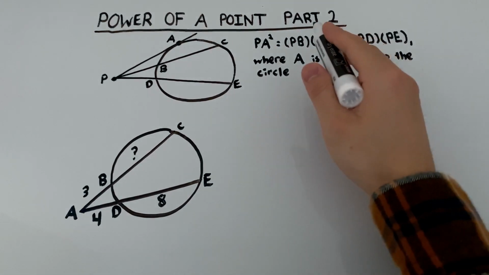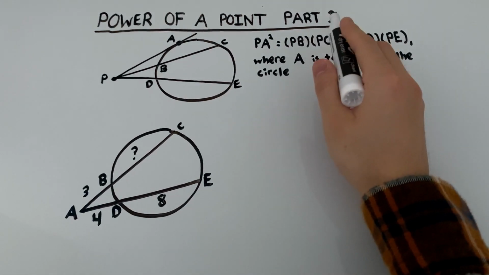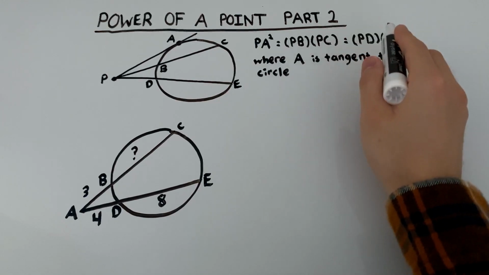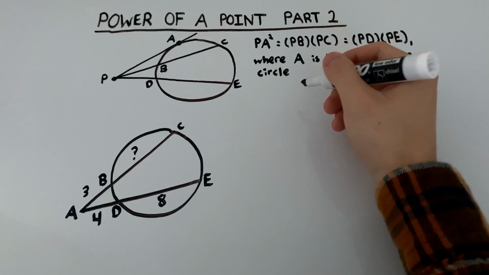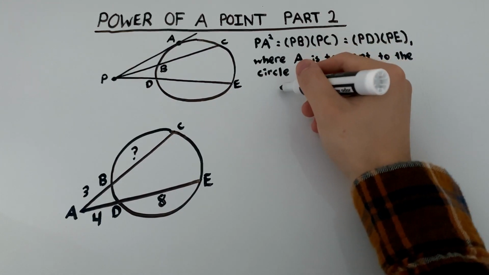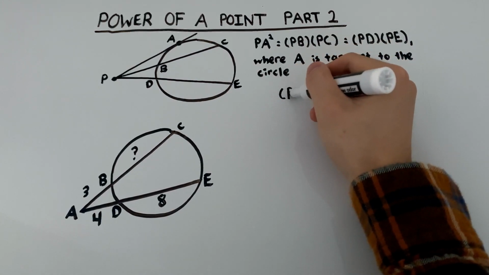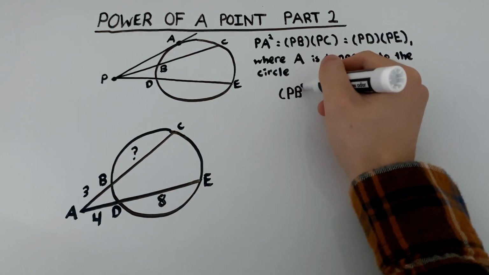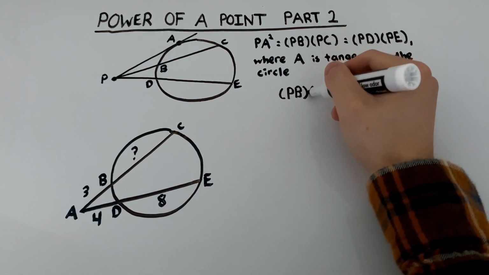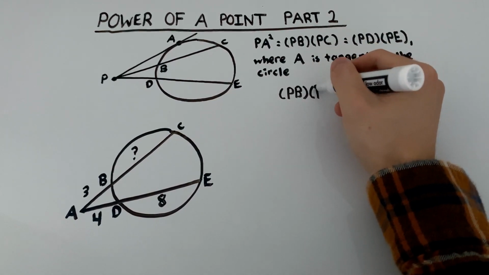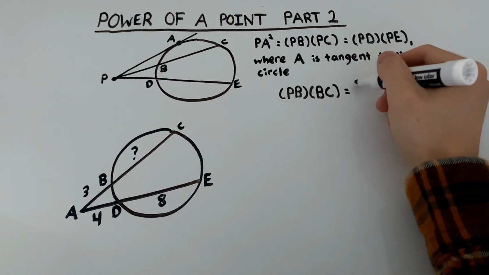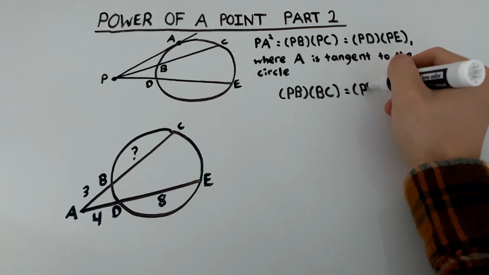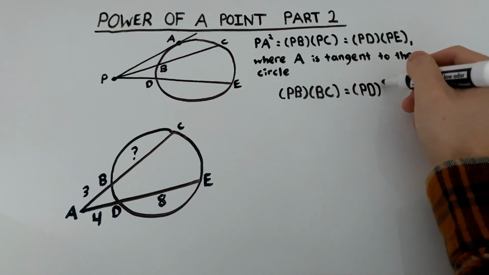Notice that it's PB times PC is equal to PD times PE. Notice how it is not something like this, which is a very common mistake: PB times BC equal to PD times DE.